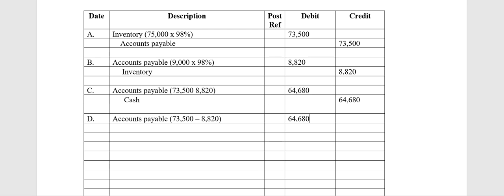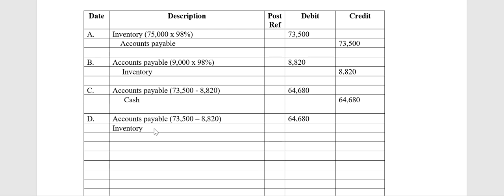However, we owe more than that $64,680 because we're not getting that 2% discount. So we have to go back and actually increase our inventory account because our inventory is costing us more money to acquire by not paying within that discount period.